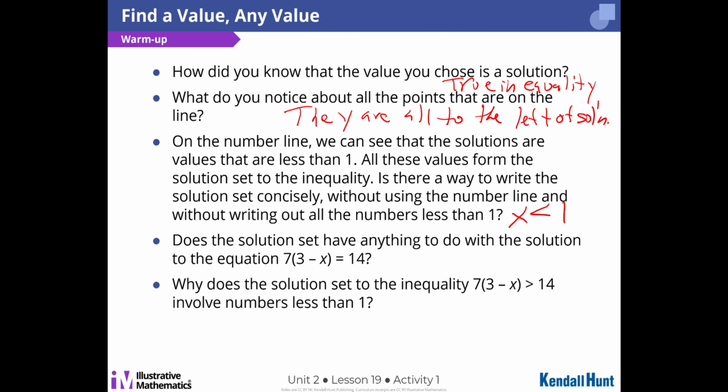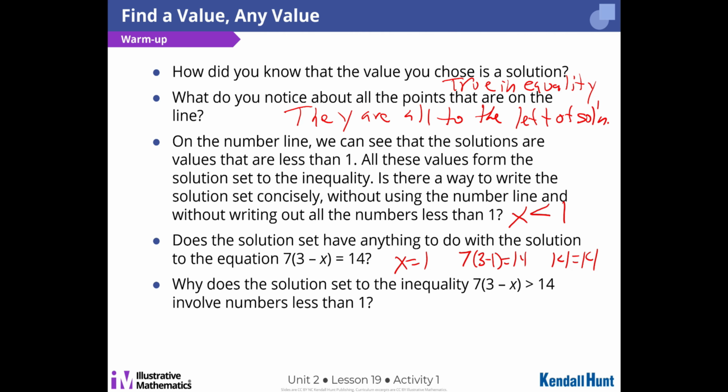Does the solution set have anything to do with the solution to the equation 7(3 - x) equals 14? Yes, if we say x equals 1, both sides are equal, because if we plug in 1, that's the same thing as 7 times 2, which gives me 14.